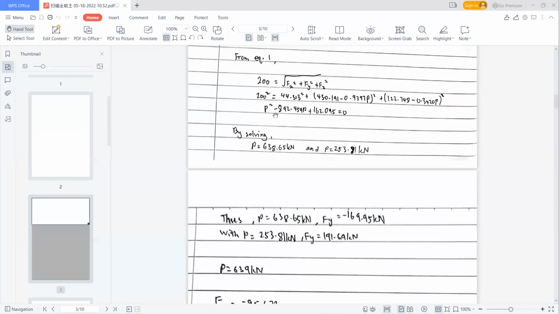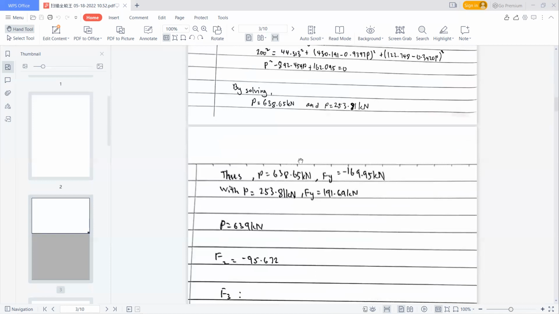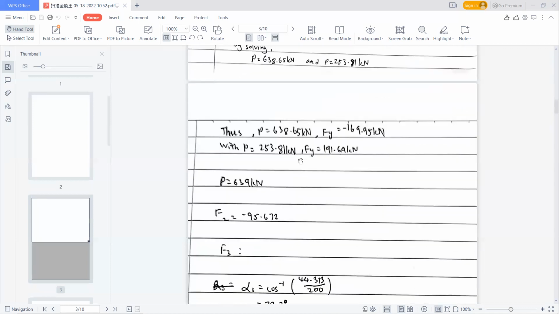So from equation 1, we will get a quadratic equation: P squared minus 892.459P plus 162.095 equal to 0. By solving it, we will have two answers, which are P equal to 638.65 kilonewton. If we substitute this value in, we will get the Fy, which is negative 169.95 kilonewton.